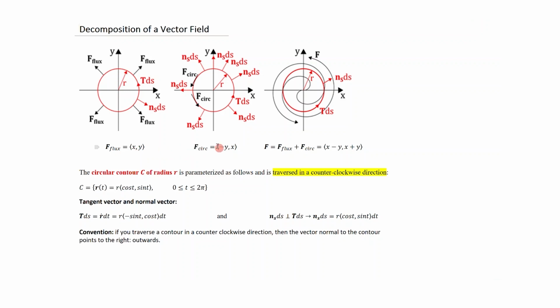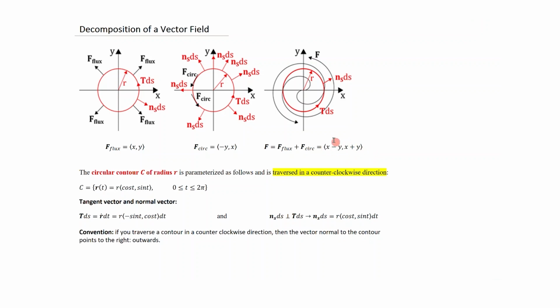If we take the sum of these two, we're going to say that this is the total field. So the total field can be represented by the superposition of two fields with totally different properties. One of them we associate with a source, and another one we associate with rotation. We've just added these together to produce this total field here.